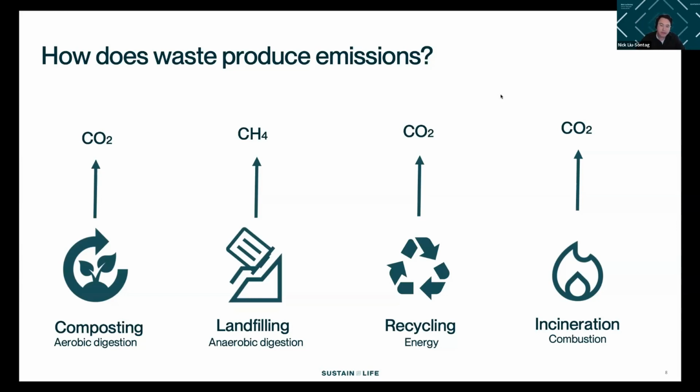Even if it's plastic, though plastic takes a long time to break down, plastic is predominantly made from carbon, and that carbon is sourced from fossil fuels. When we break down these materials, a lot of that carbon is then released back into the atmosphere.